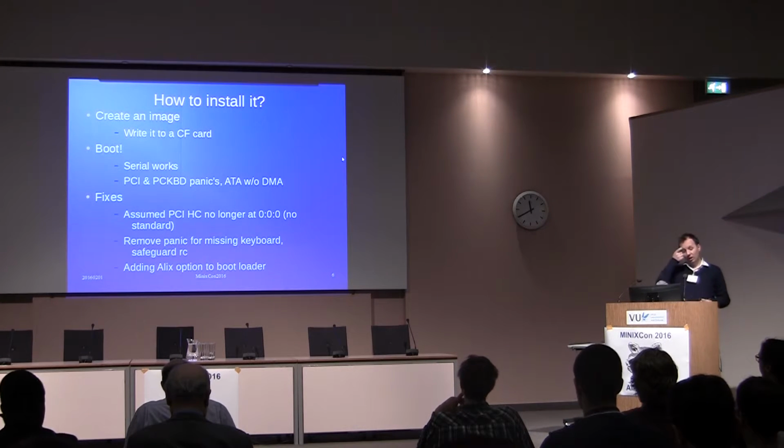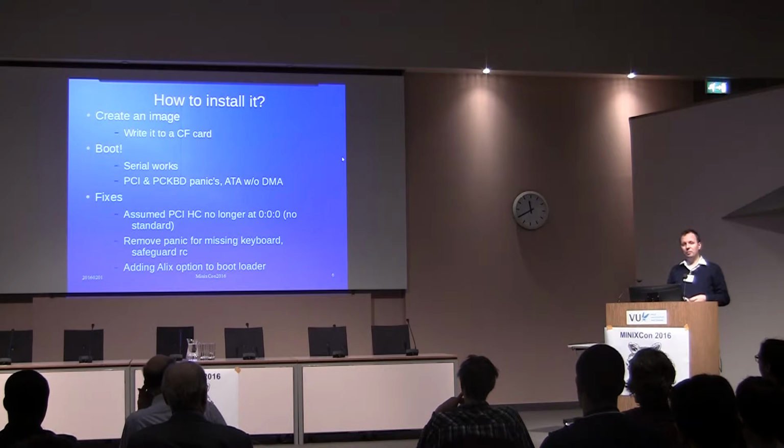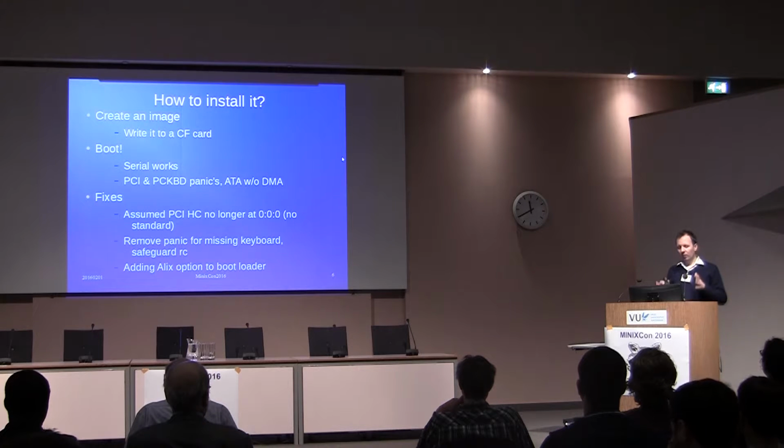And we also added an ALIX option to the boot entries in the bootloader, so you can just use the existing master of Minix, check it out, build it, use the image, write it to the compact flash card, and it will completely run on every ALIX box.